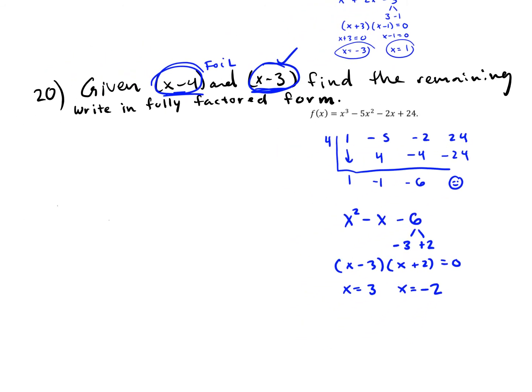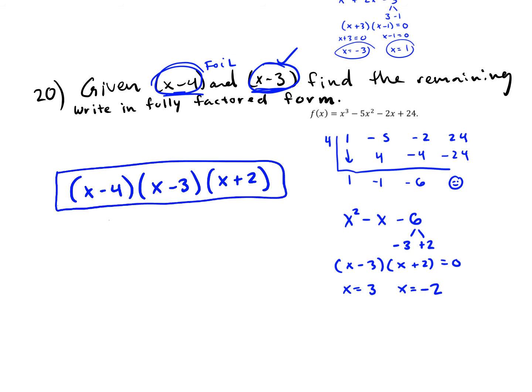So in fully factored form, this would be x minus 4, x minus 3, and x plus 2. And if I was just writing my zeros, that would be x is equal to 4, 3, and -2.